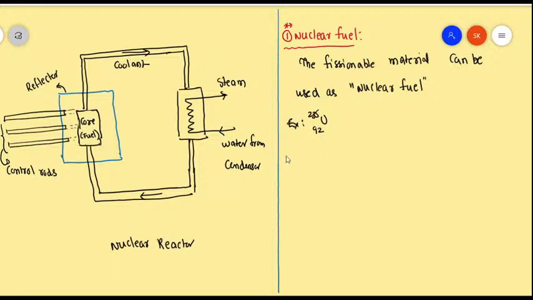Next, let us go to the second point, that is moderators. What are moderators?